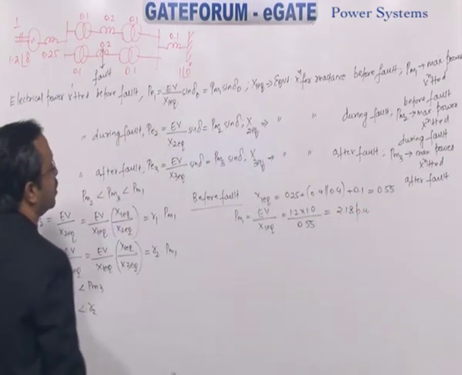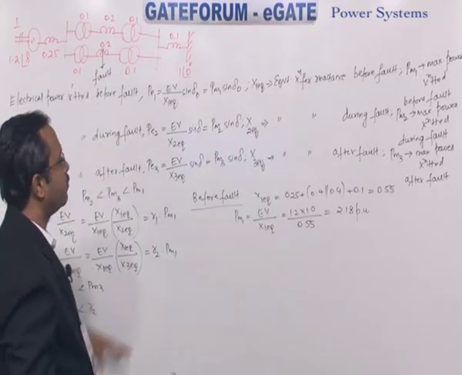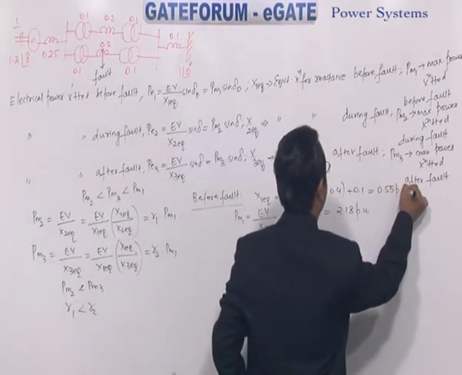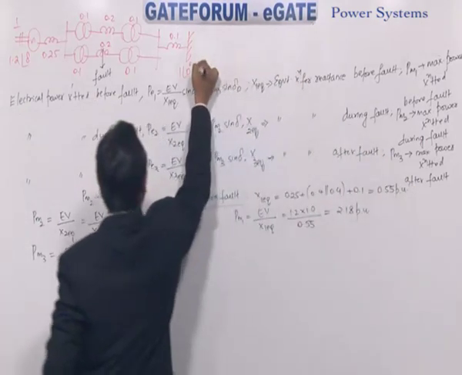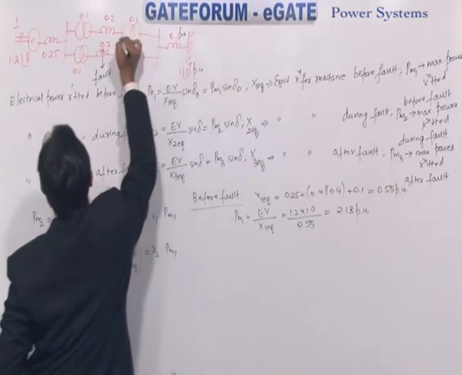All these values in the question are in per unit. So PM1 is 2.18 per unit. Each and every quantity in the question is by default in per unit.